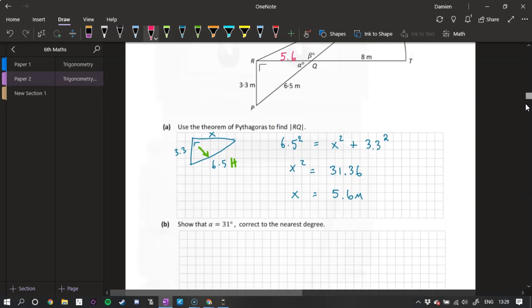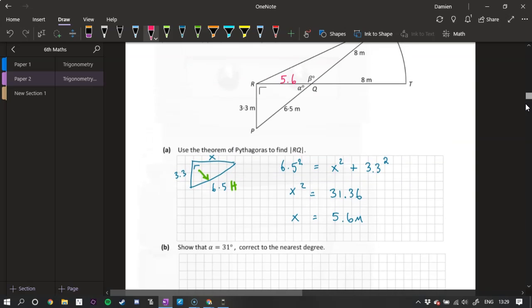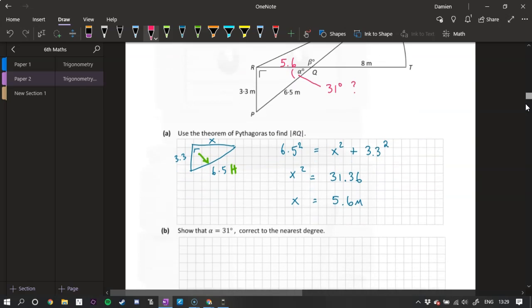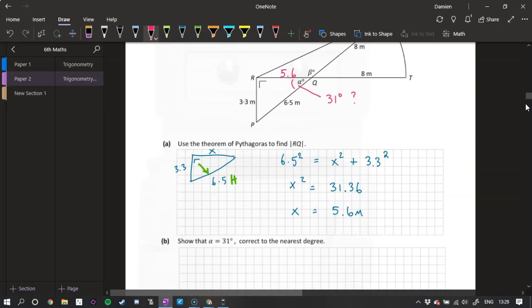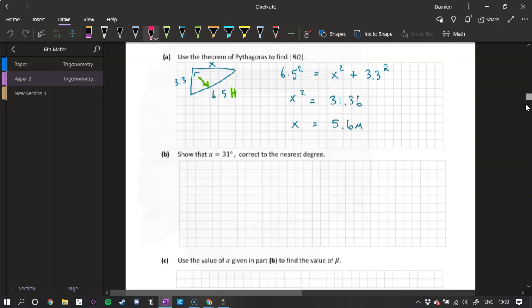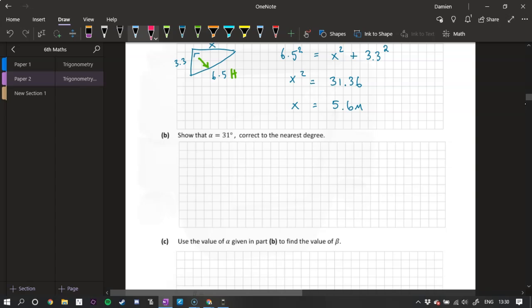Okay, show that alpha is equal to 31 degrees, correct to the nearest degree. So we want to show that that is 31 degrees. So is it? How do we do that? Well, let's have a look. One of the ways you can do it, if you're working off this triangle, again, do a quick sketch of your triangle.